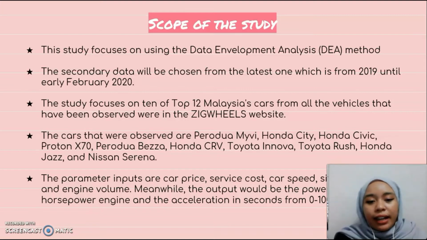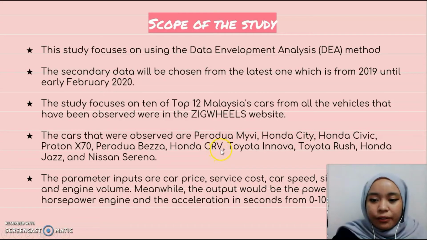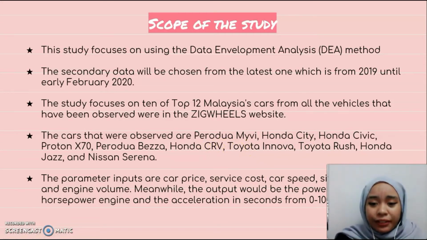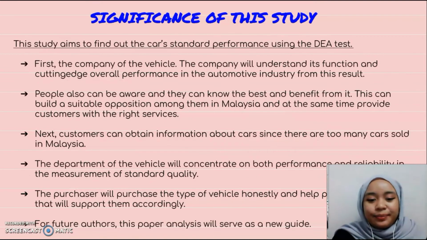The cars are the Perodua Myvi, Honda City, Honda Civic, Proton X70, Perodua Bezza, Honda CR-V, Toyota Innova, Toyota Rush, Honda Jazz, and Nissan Serena. We can say that most of them are overseas cars, and these 12 best cars are basically the cars most purchased by Malaysians from 2019 until early February 2020.